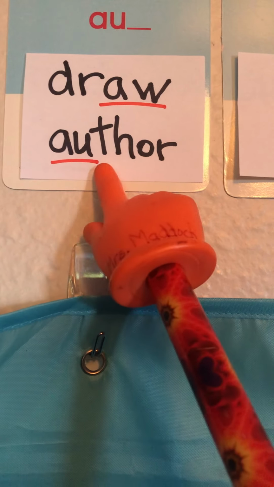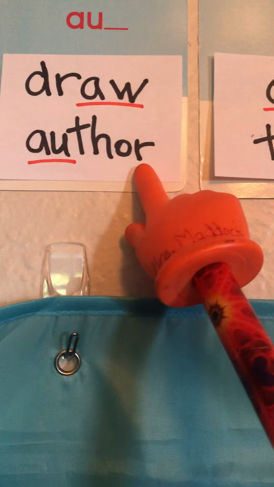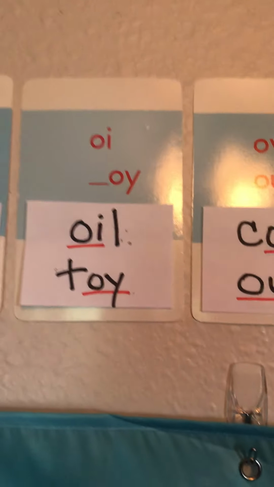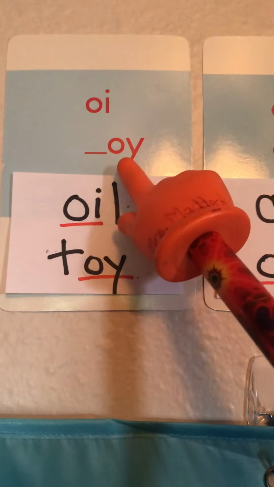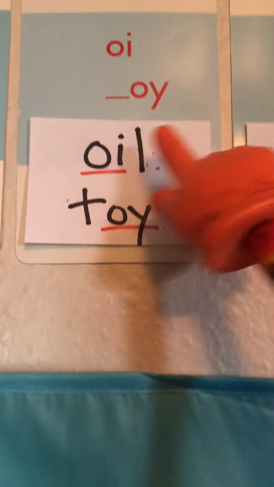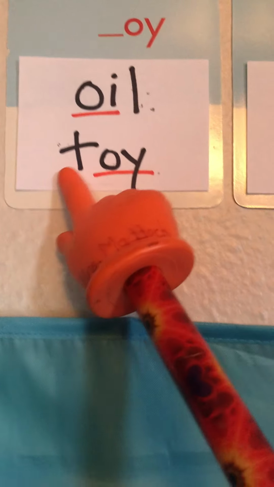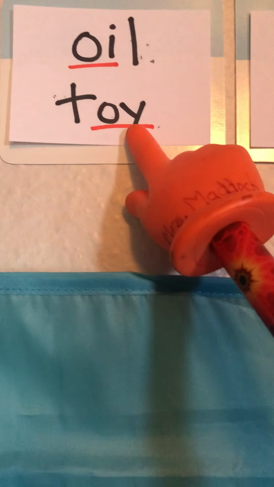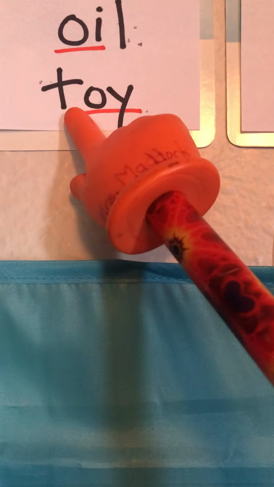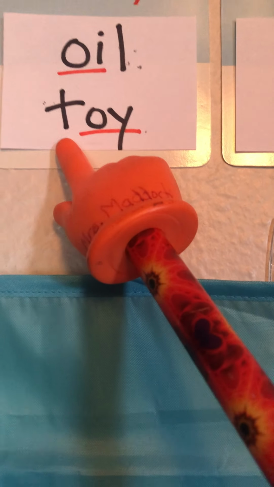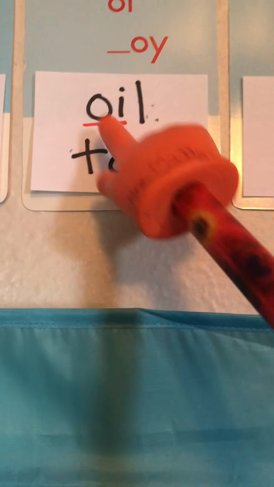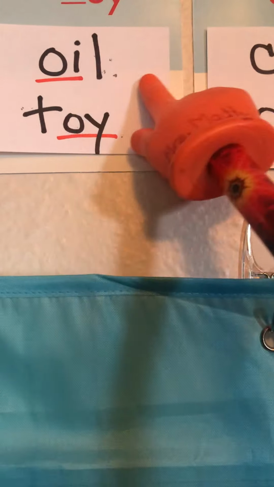And AU, like in author. Then we have OI and OY, like in oil or toy. The OY sound has to have other letters in front of it, like toy or boy or joy. OI can be any part of the word.